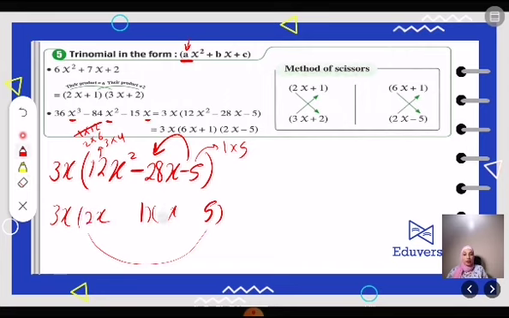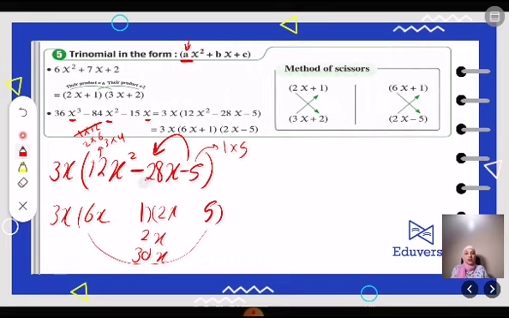Now I have 2 and 6. 2 times 5 equals 10. 1 times 6 equals 6. Their difference is not 28. Let's switch them. Put the 6 here and the 2 in this part. And then let's try. 5 multiply 6 equals 30. And 1 times 2 equals 2. Here their difference, yes, it's 2x and 30x.